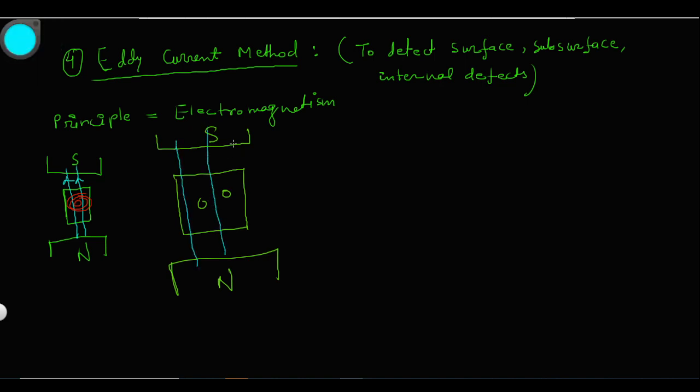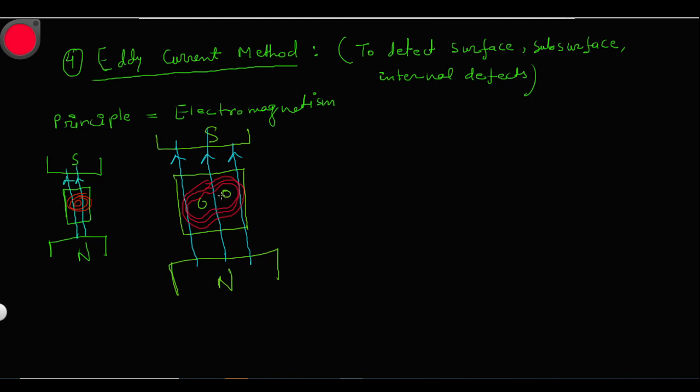The magnetic field passes through this metal, from north to south, and due to this magnetic field eddy current will be generated, but the orientation of the eddy current will be disturbed due to this defect. Suppose it will be like this, so the orientation will be deflected. So we came to know the place of the defect.